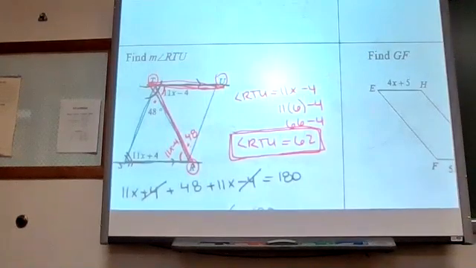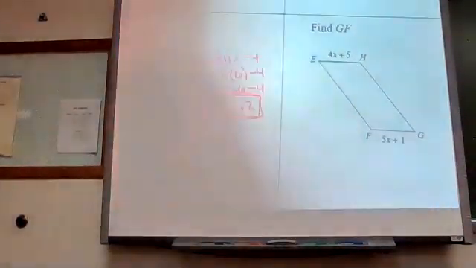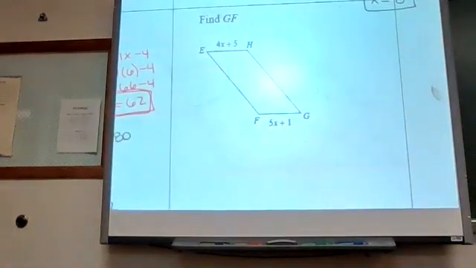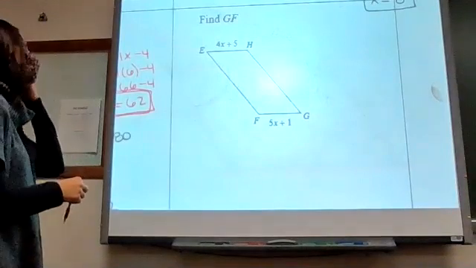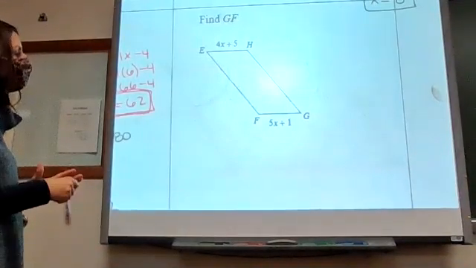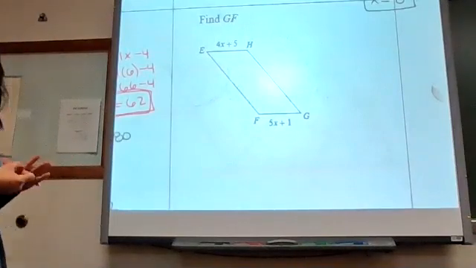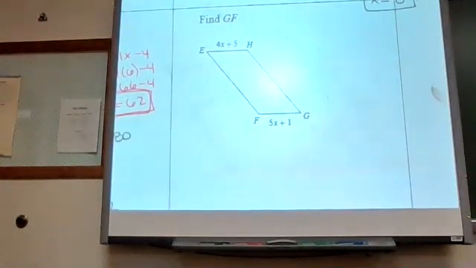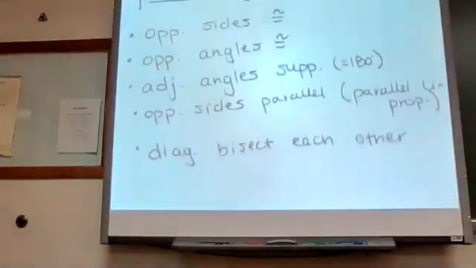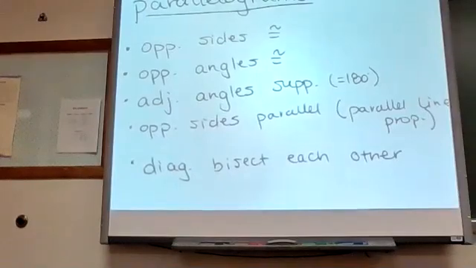Okay. And our last one, going over those concepts that we learned yesterday, what's true about my opposite sides for a parallelogram? Here I have EH and GF. What's true about my opposite sides? Opposite sides are congruent.